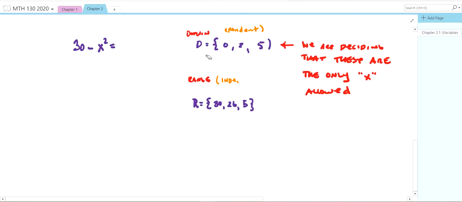This is our independent variable because we can set the values to the values we want, and then our range depends on what the independent variable is. So this is our dependent variable.